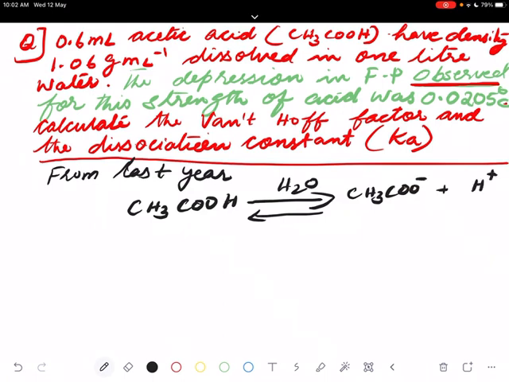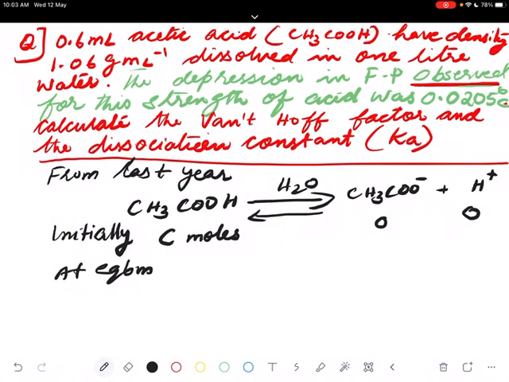This we learned last year. Initially, suppose you have taken C moles. Last year we took it like that only. So here 0, here 0 at equilibrium.